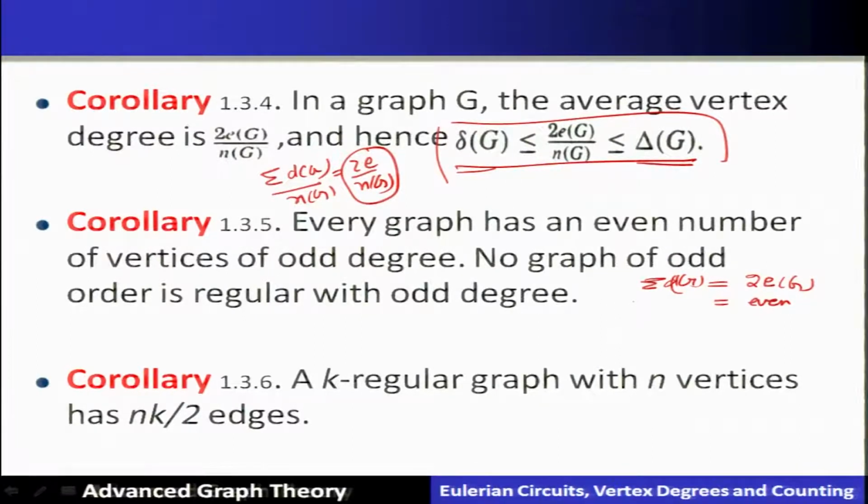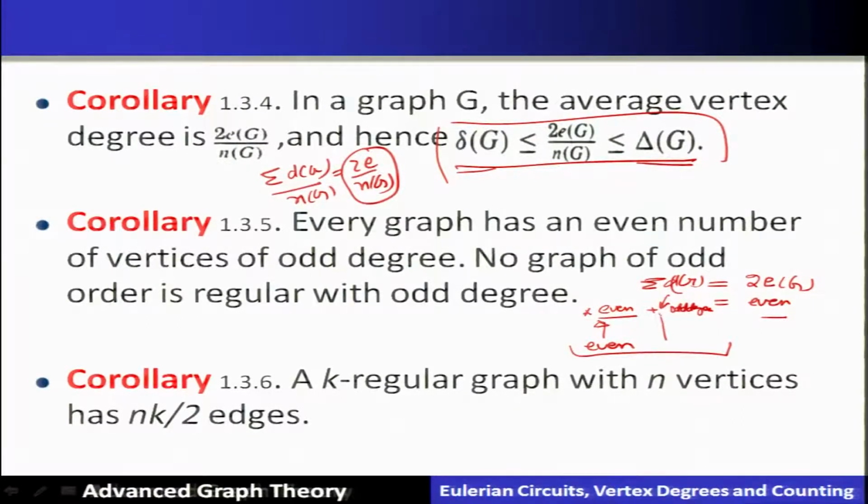There are 2 parities of the degrees in the graph. One is the even degree, the other is the odd degree. So the even degrees, whether you multiply with an even number or an odd number, this particular factor will become an even number. In the odd degree, it has to be an even number to be multiplied, so that the entire component will become even, which is same as the other side.